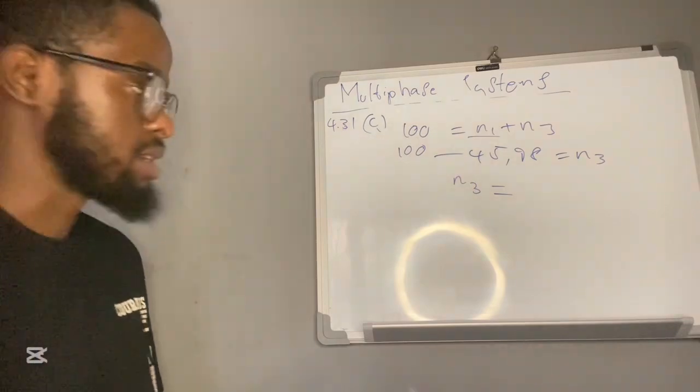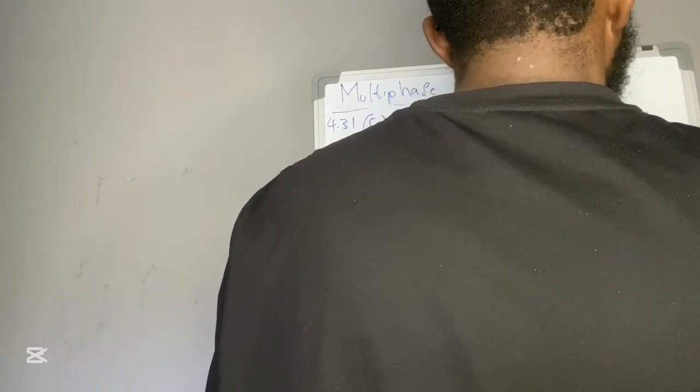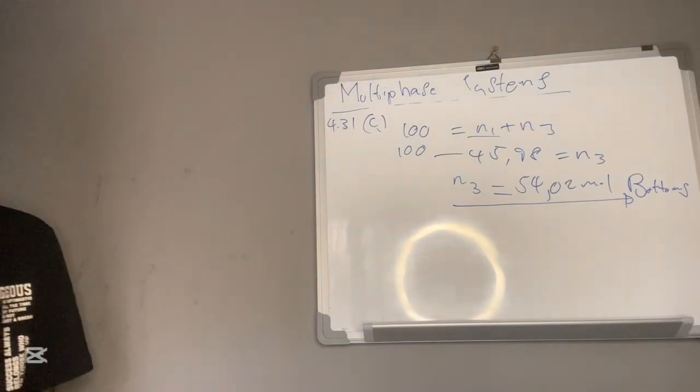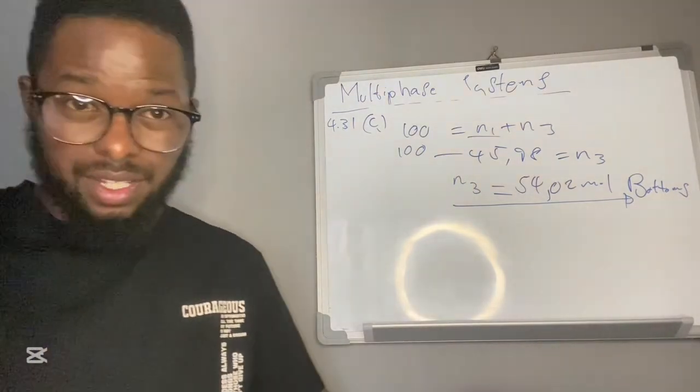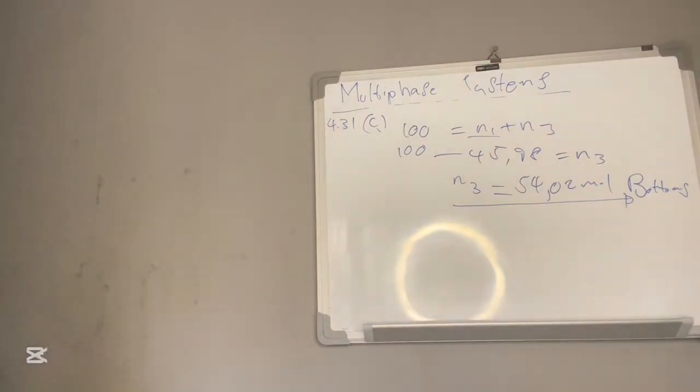Punch your calculator and you get that your N3 is 54.02 mole bottoms. We're finding everything that we did on the skeleton now.